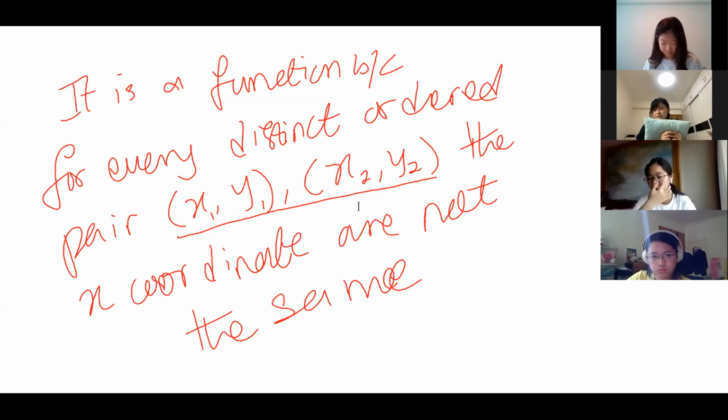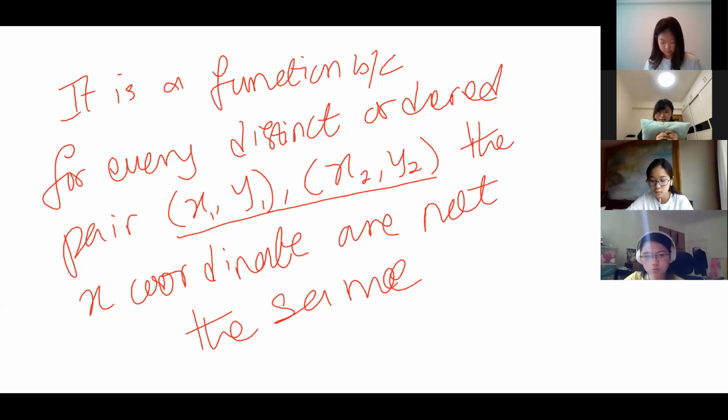No, not the x coordinate this time. The y coordinate. The y coordinates are the same. You can always find two ordered pairs where the y coordinates are the same. And I think that's something unique about this. In fact, for all of them, the y coordinates are the same. And you see how weird that is?